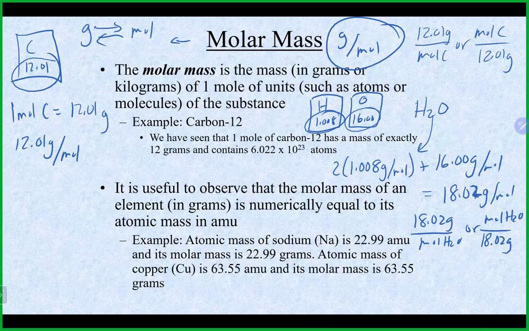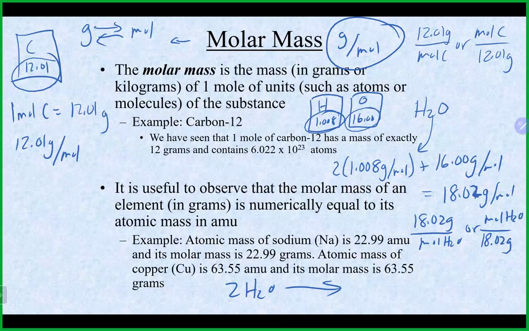Now, a couple things about molar mass, which may not make a whole bunch of sense at this point, but hopefully it will. And we'll talk a little bit about it later on. Let's just say you had a chemical equation or something like that, and you had, say, 2 waters in the chemical equation, and you were going to do a calculation where you needed the molar mass.